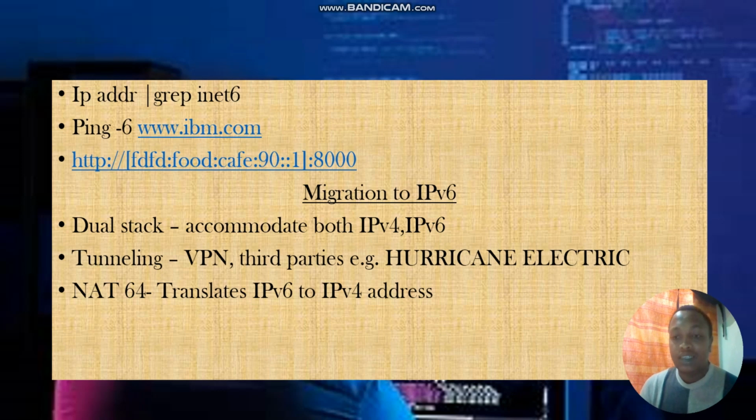This is what we call NAT64, and this is a protocol that helps us to translate IPv6 to IPv4 addresses. Remember, in IPv4 we are talking about public and private IP addresses. It's the same concept in NAT64, where you translate IPv6 addresses to IPv4 addresses.